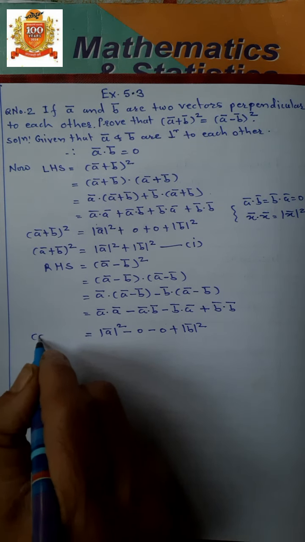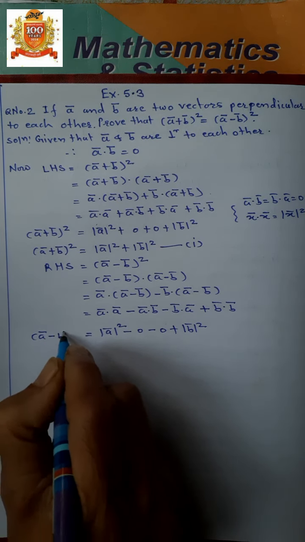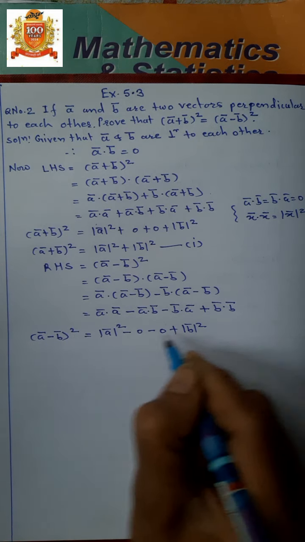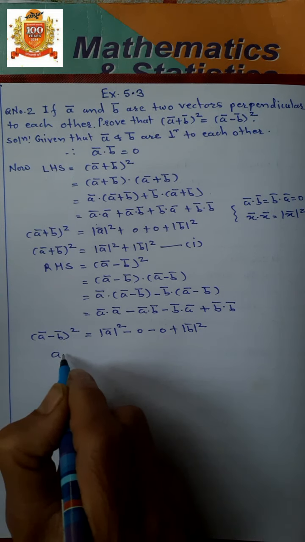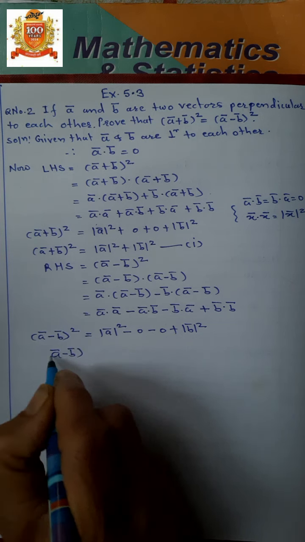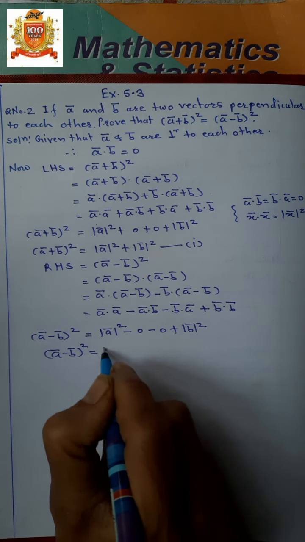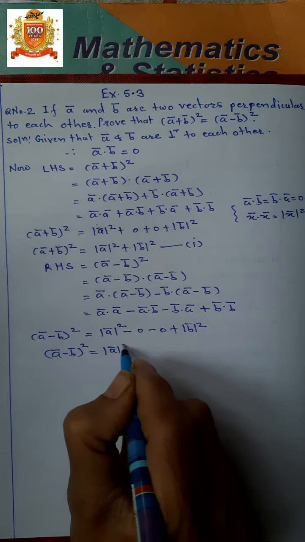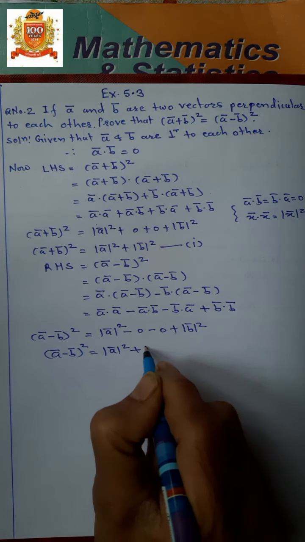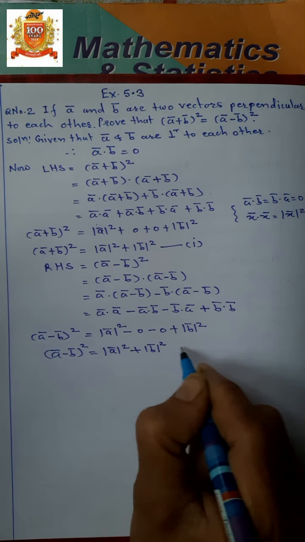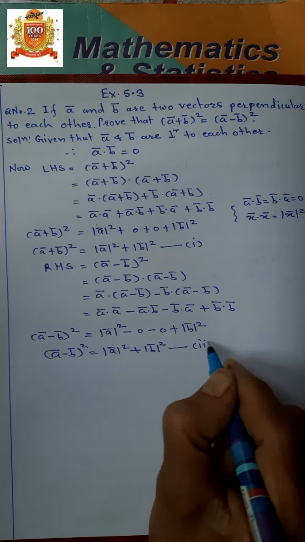Therefore (a bar minus b bar) whole square is also equal to mod of a bar square plus mod of b bar square, this is 2.